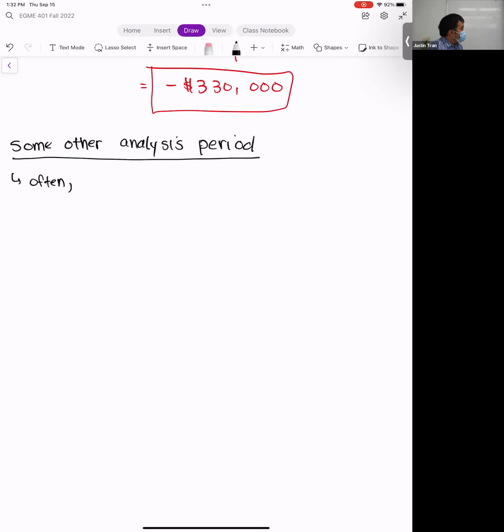So oftentimes, when you're planning out the finances or the budget for a long-term engineering project, you're only going to use a product, or only going to use a machine for a certain amount of time that is less than its useful life.